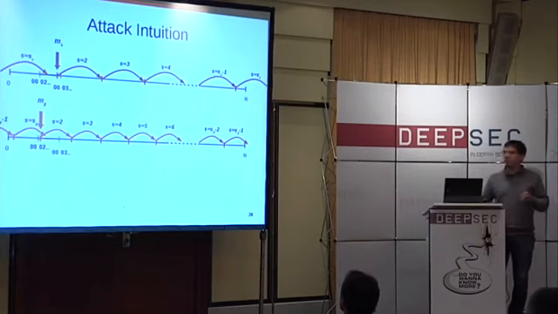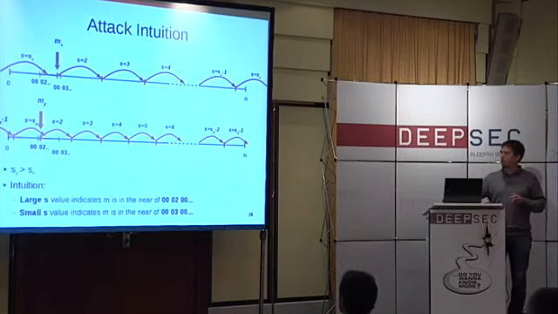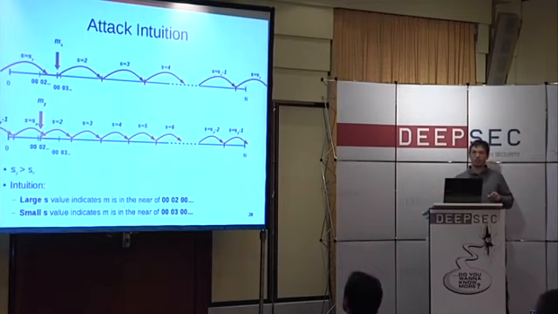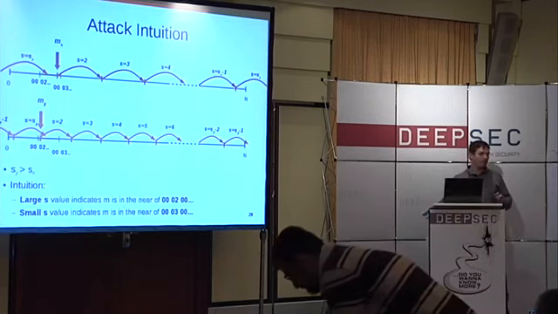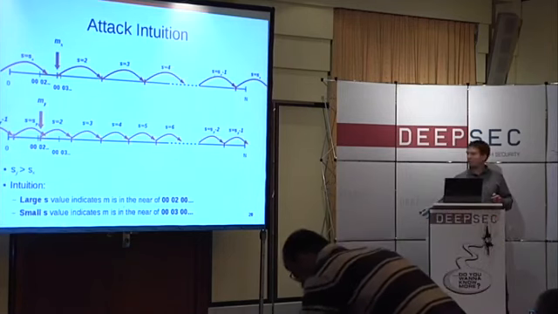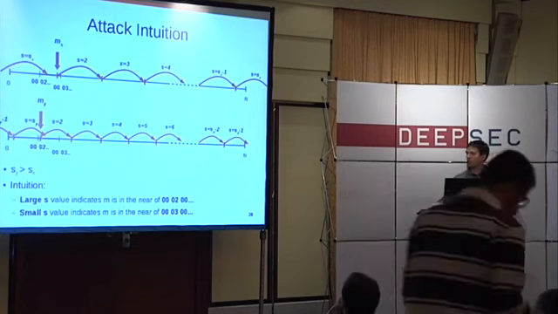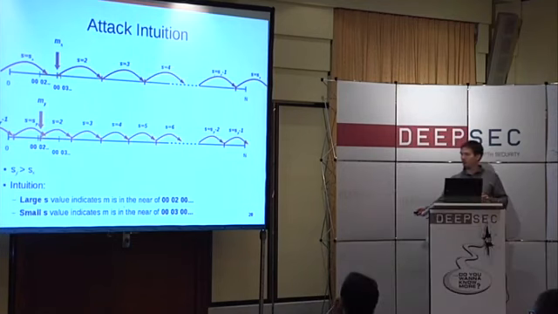So if the original value is in the near of 0003, then we have a small s value. Or again, if the attacker needs a small s value for achieving a valid plaintext ciphertext, then he knows that the original value was in the near of 0003.